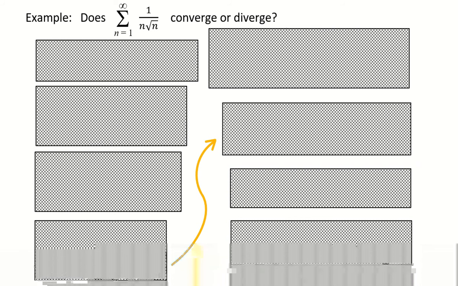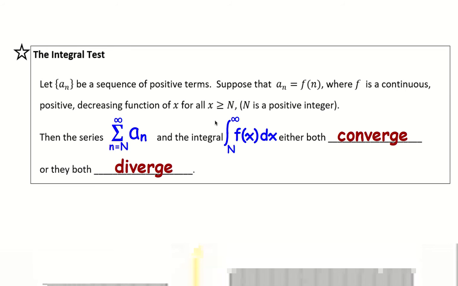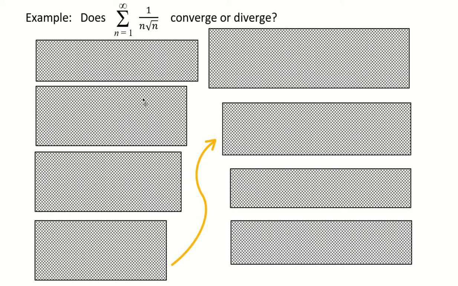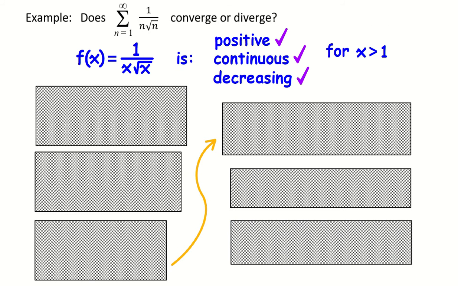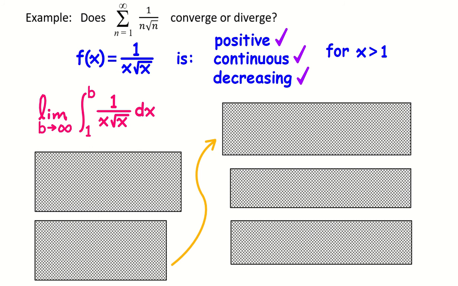Anyway, this is going to apply to the integral test, so all we're going to do now is actually integrate the improper integral, and whatever the integral does, so will the series. Now we actually take the limit.